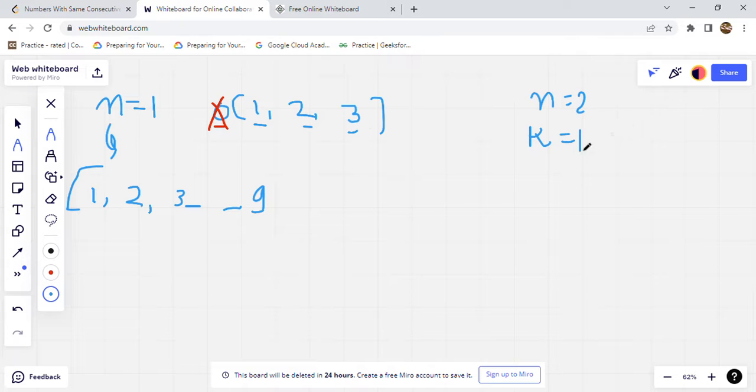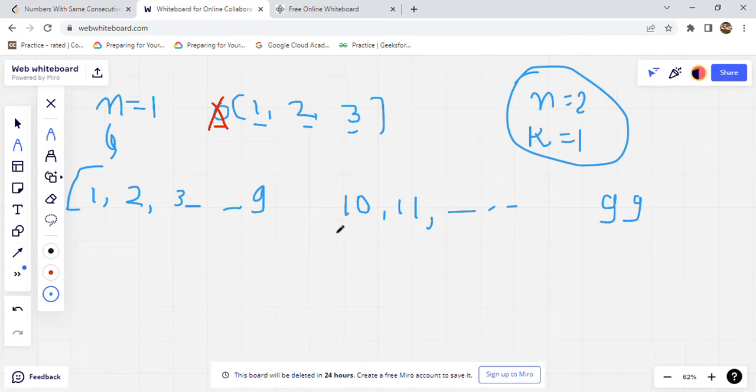Now what if n is 2 and k is 1? What are the possible numbers with n as 2? 10, 11, two-digit numbers up to 99. In the brute force approach, we can traverse all these numbers, select the numbers which have an absolute difference of 1, add those numbers in a list and return that list as output.